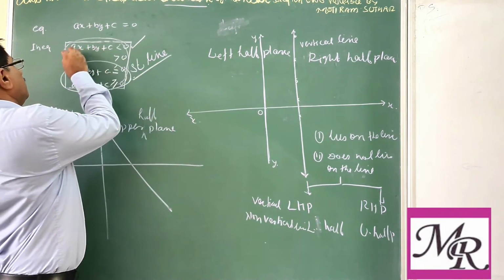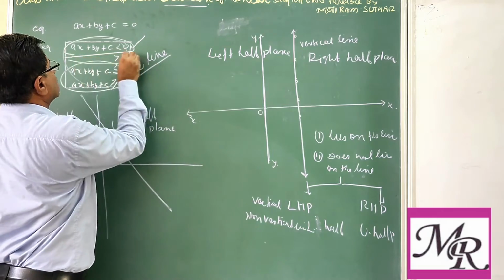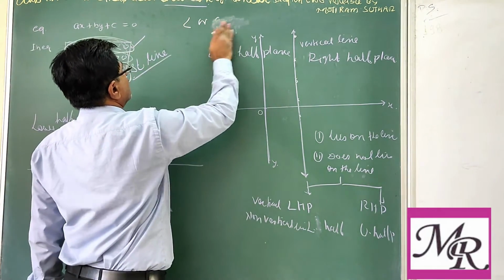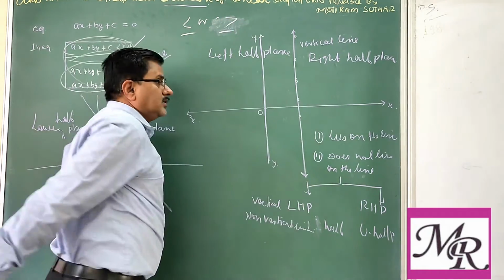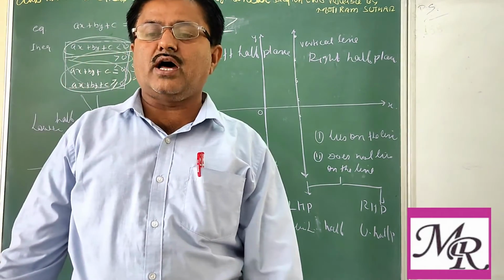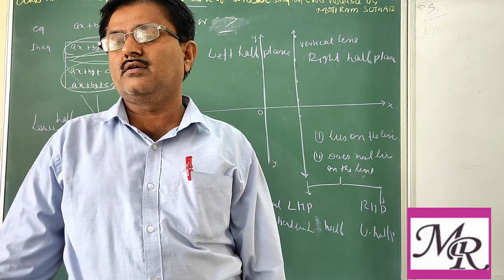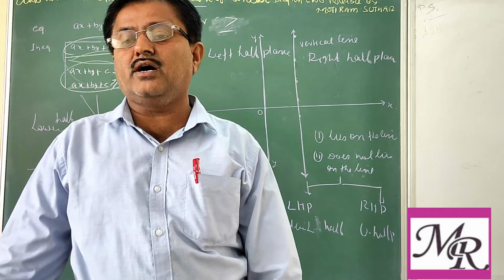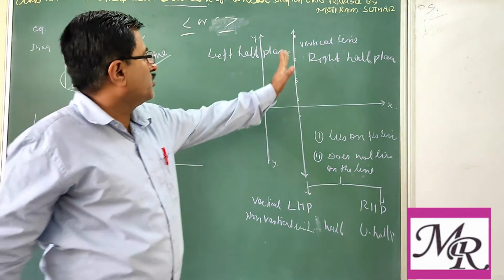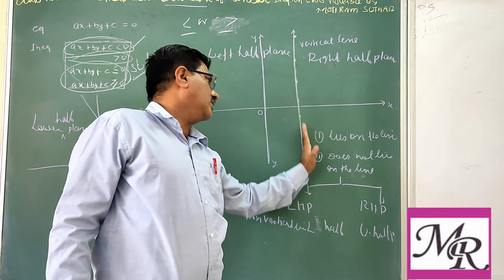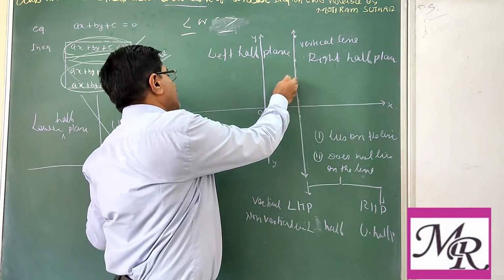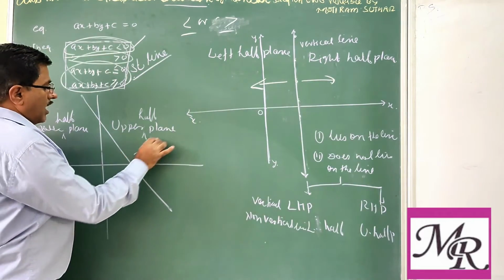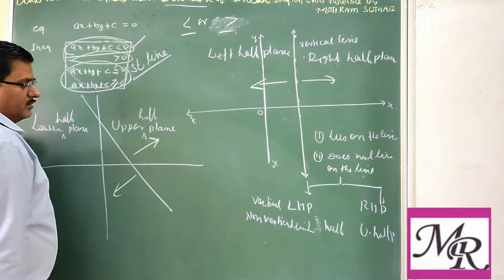And in other cases where there is no equal to sign, only less than or greater than, the solution does not lie on the line, or the points of the line do not satisfy it. It means the points may be lying on this side or this side, either upper or lower.